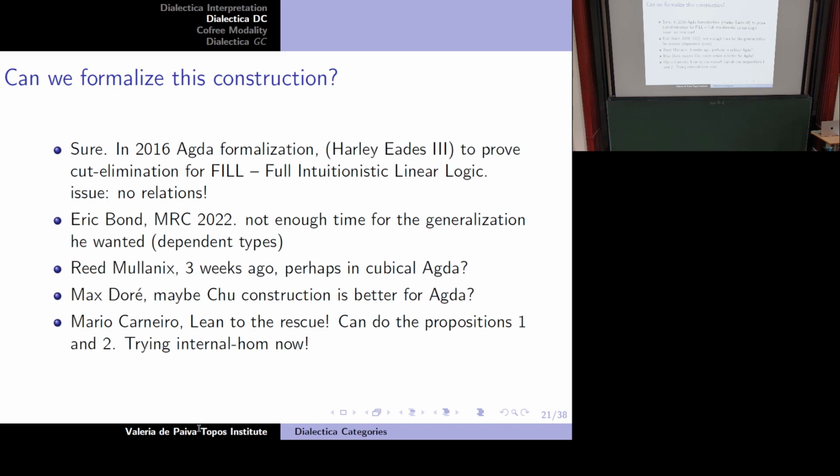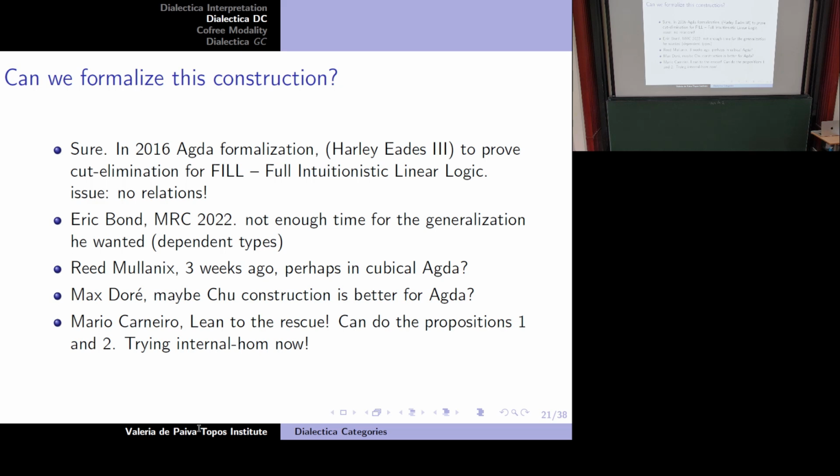Then in 2022, Eric Bond came to work with me, and he wanted to do a different formalization, a generalization. He wanted dependent types. And then the mathematics wasn't in place, and there was not enough time, so nothing much happened to that. Then I came here and met Reed, and he said, oh, we can do that in cubical Agda. And I was very excited about it, but then he left before we did anything. Then Max here said, oh no, okay, let's do it in Agda.